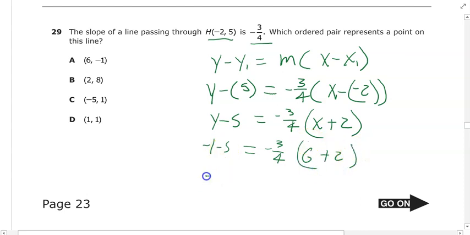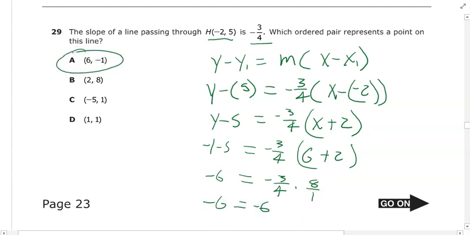So -1 minus 5 is -6. 8, -3/4 of 8 is, 24 divided by 4 is -6. All right, pretty sure that one's the answer.